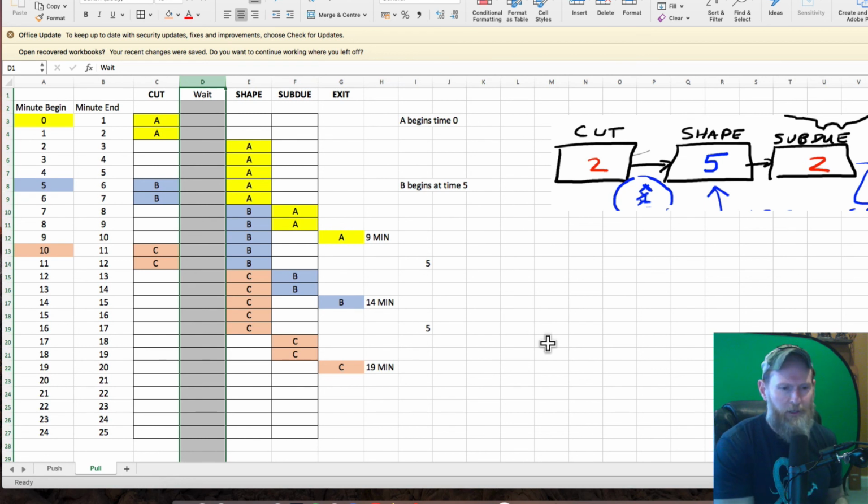Where we have a bottleneck, it serves as the drum of the system. If that drum beat only happens every 5 minutes, that means that an item is exiting the system every 5 minutes, but it also means that we should begin an item at 5-minute intervals. That's obviously synchronized with the input and output of the system.